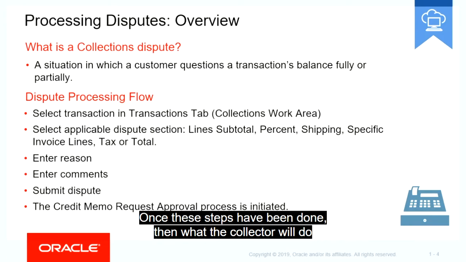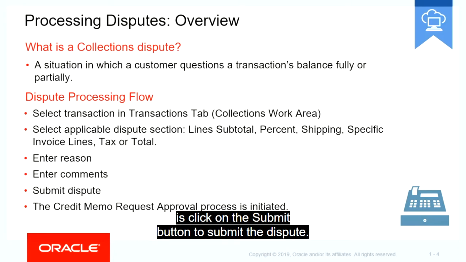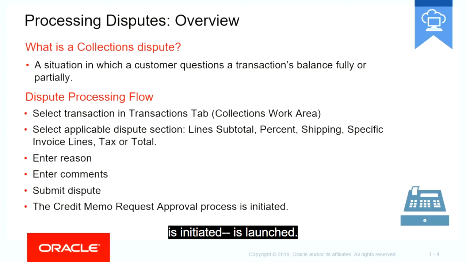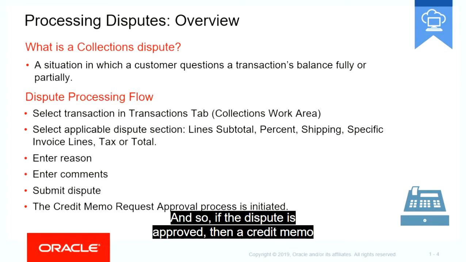Once these steps have been done, the collector will click on the submit button to submit the dispute. At this point, the credit memo request approval process is initiated. If the dispute is approved, then a credit memo will be created in the receivables module.